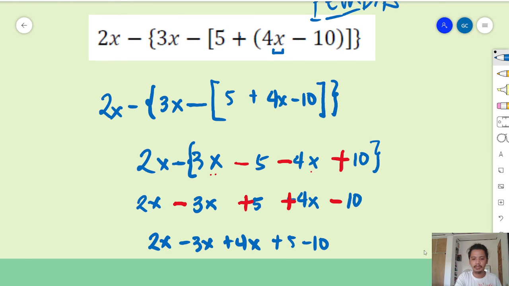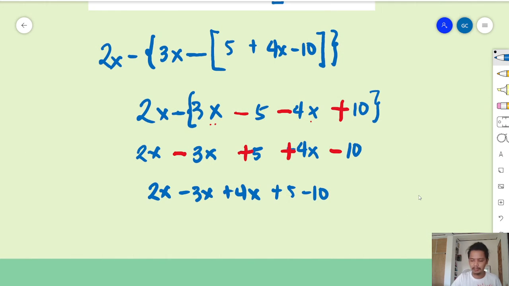Kasi sila yung similar terms. Tapos, applying kung ano yung ginawa natin kanina rin sa basics na natin, i-add lang natin tong tatlong to. Coefficients lang titingnan natin. I-write mo lang yung x. Coefficients lang. So, we have 2 minus 3 is negative 1.